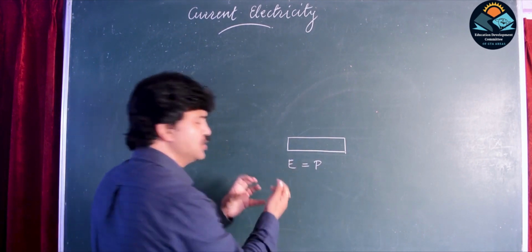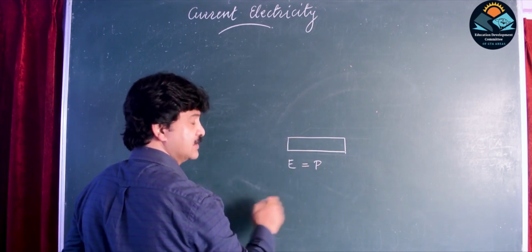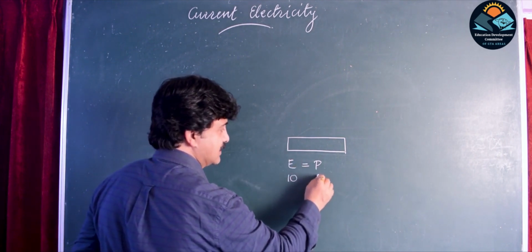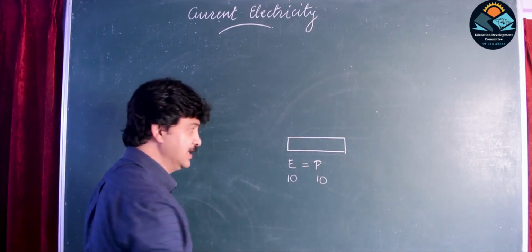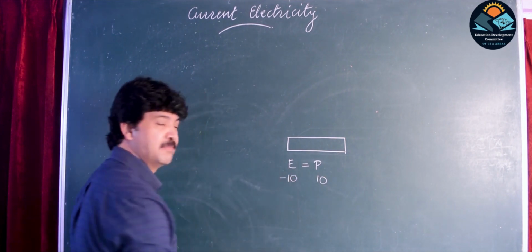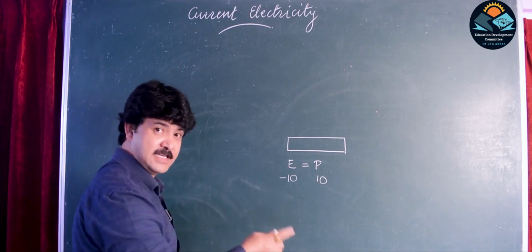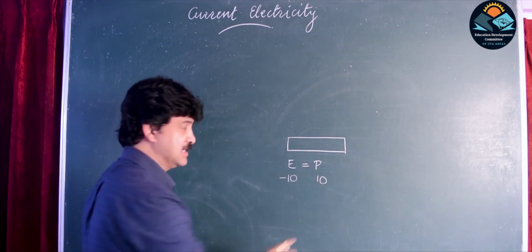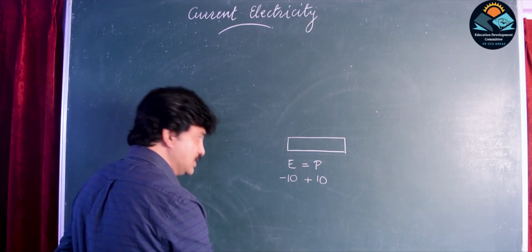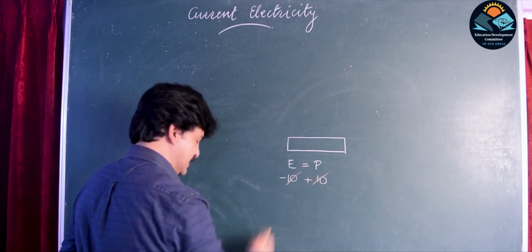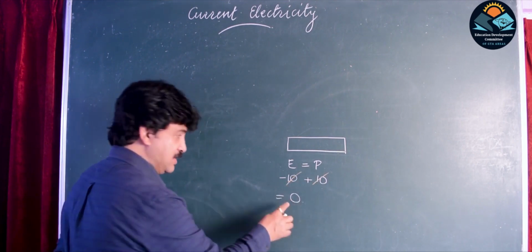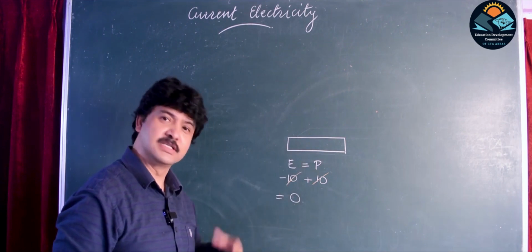Let us assume that this matter contains 10 electrons, and that's why it must contain 10 protons. Electrons are negatively charged, so the charge is minus 10. Protons are positively charged, so the total charge of protons is plus 10. These two are equal and opposite, they cancel and the answer is 0. So what does it mean? It means that an atom is always neutral.